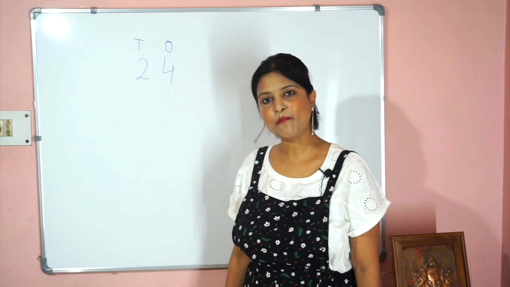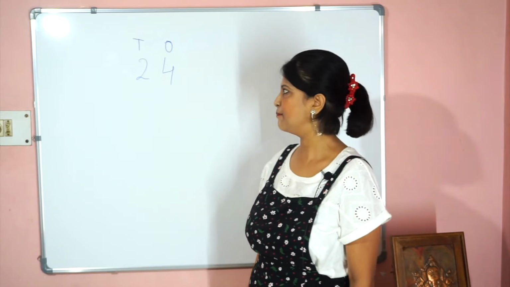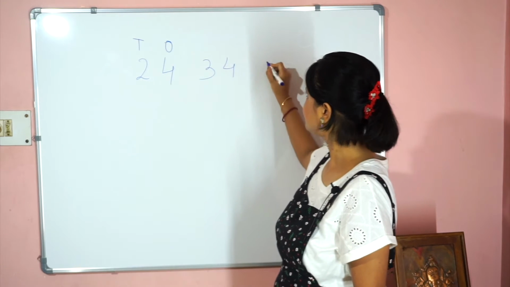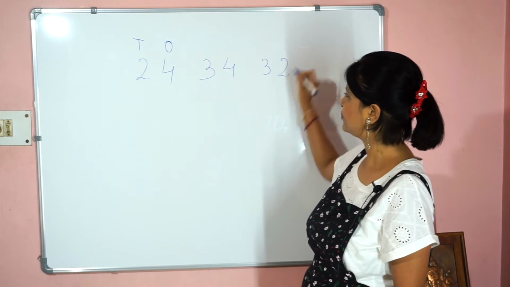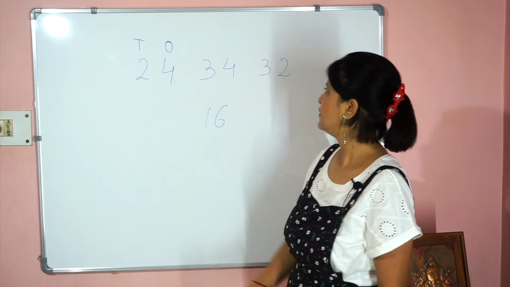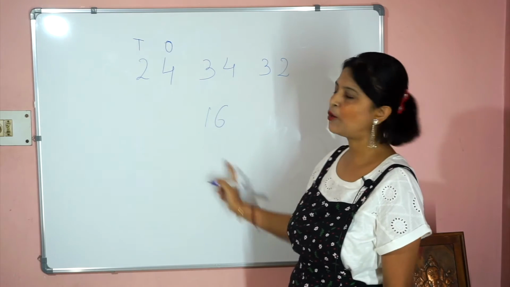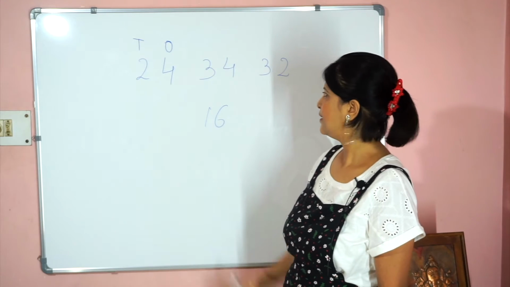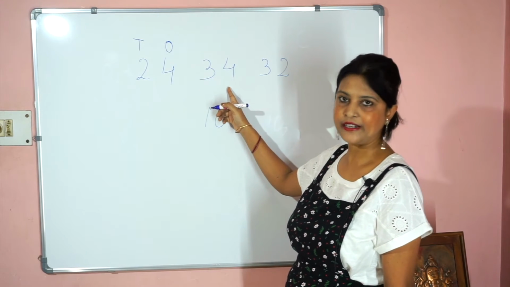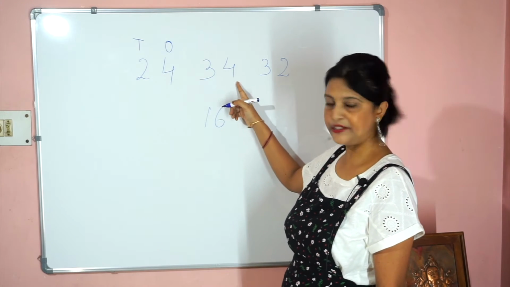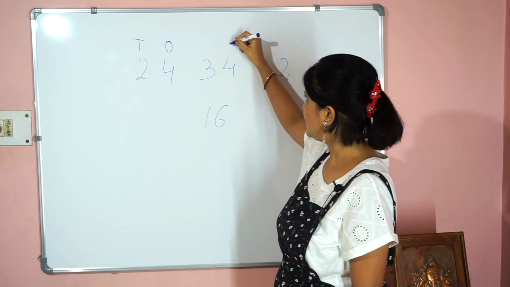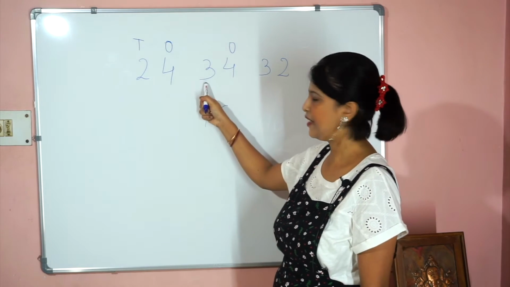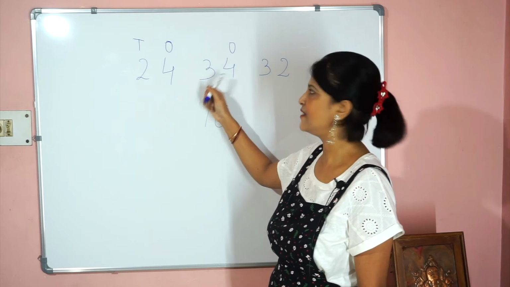Let me give you some more examples of 2 digit numbers. 34, 32, 16. So these are some more examples of 2 digit numbers. Now for the number 34, the digit 4 is in the ones place and the digit 3 is in the tens place.